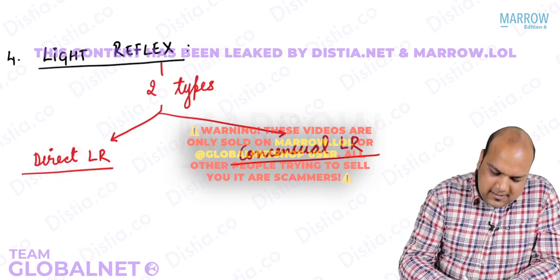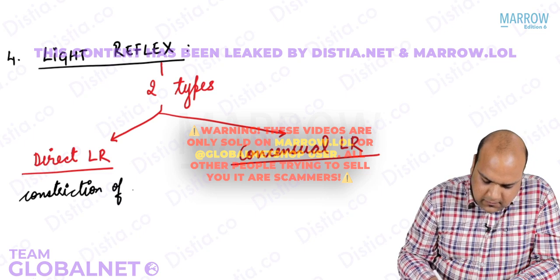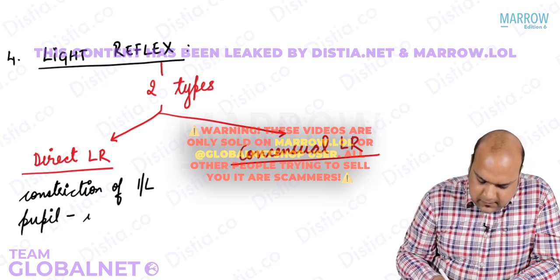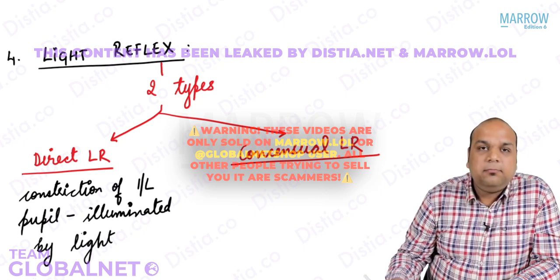Direct light reflex is constriction of ipsilateral pupil, or I can say pupil which has been illuminated by light.